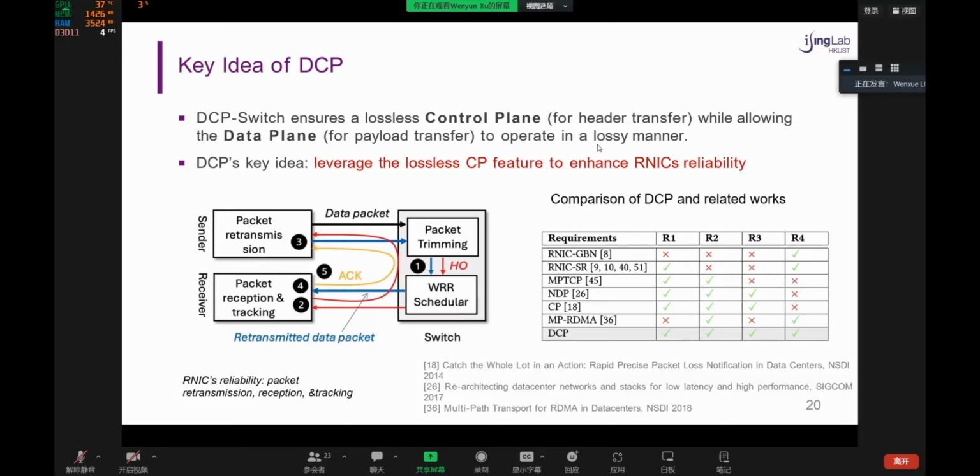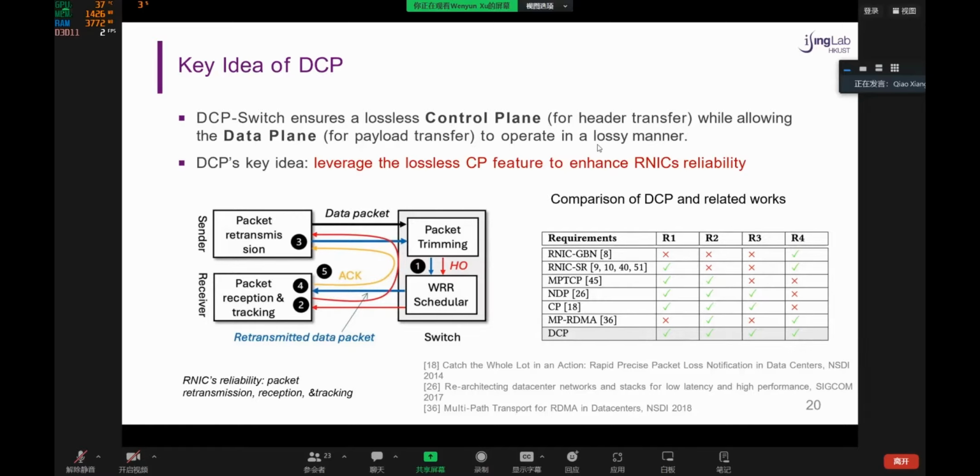So the software network stack implementation is less efficient than the hardware network stack, both in throughput and latency. For the latency, DCP also achieves about 2 times less latency than TCP.